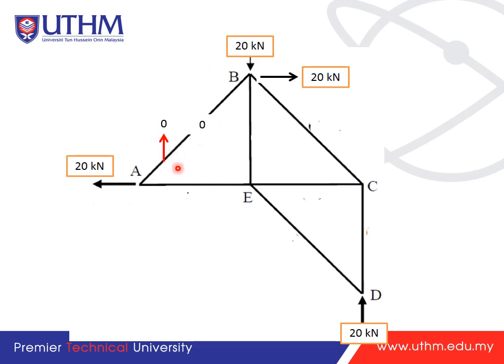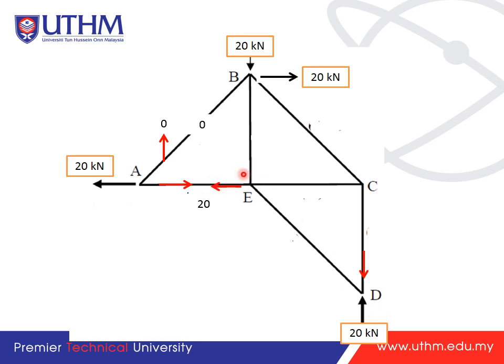So BA is already 0, and this one will be 20 because we only have a horizontal force of 20 kilonewtons. Make it the opposite like this. This other part also needs to be stabilized, so we will have this one 20. Then we can start here.